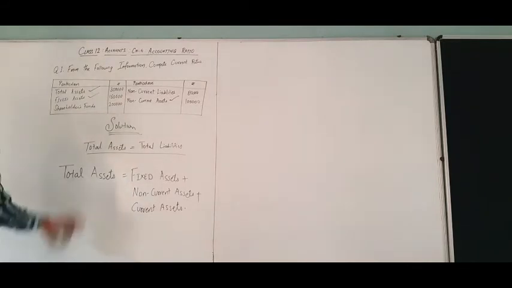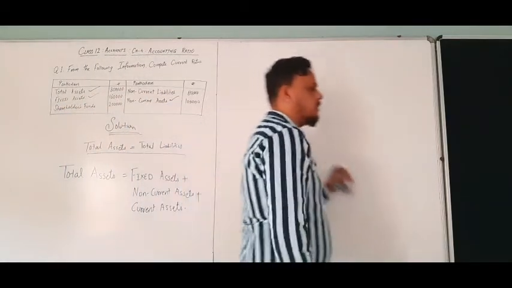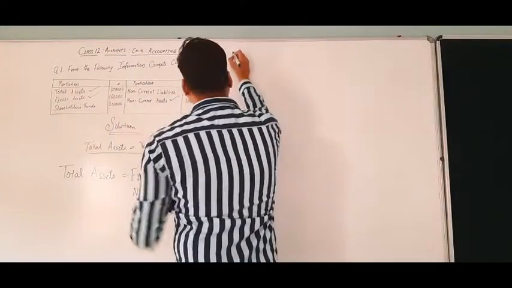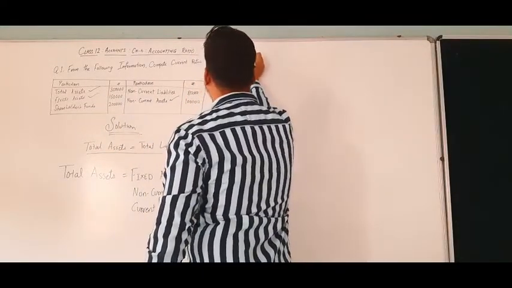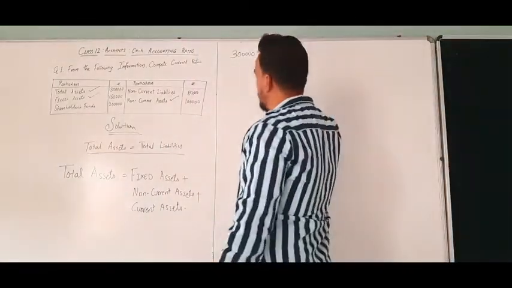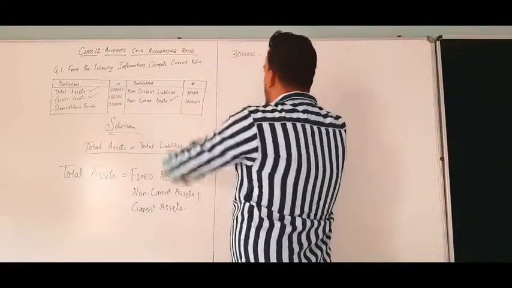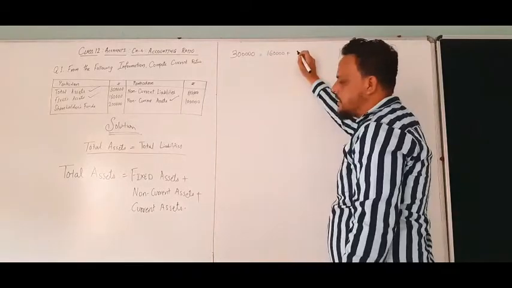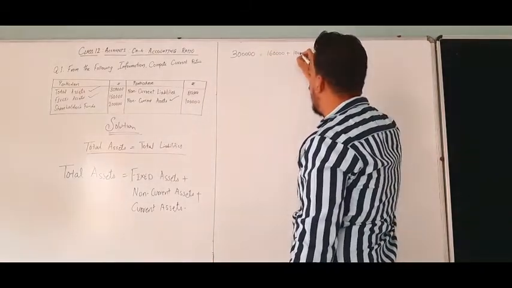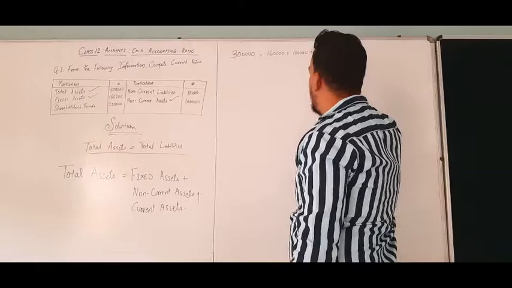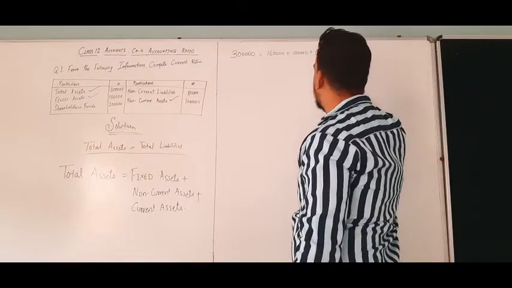So let's do the calculation. In the total assets formula, I write total assets as 3 lakh rupees. I am writing on the top so you can see it easily. Total assets 3 lakh rupees is equal to fixed assets 1,60,000 plus non-current assets, also given as 1 lakh rupees, plus current assets, which is not given, so we write current assets as it is.